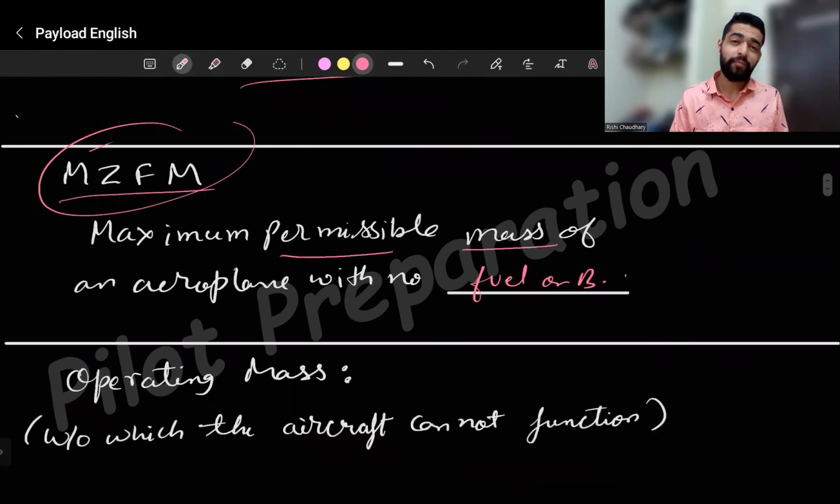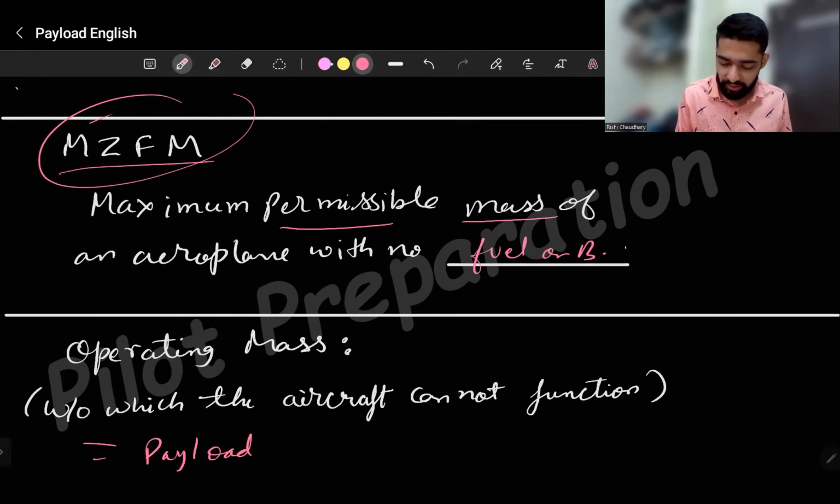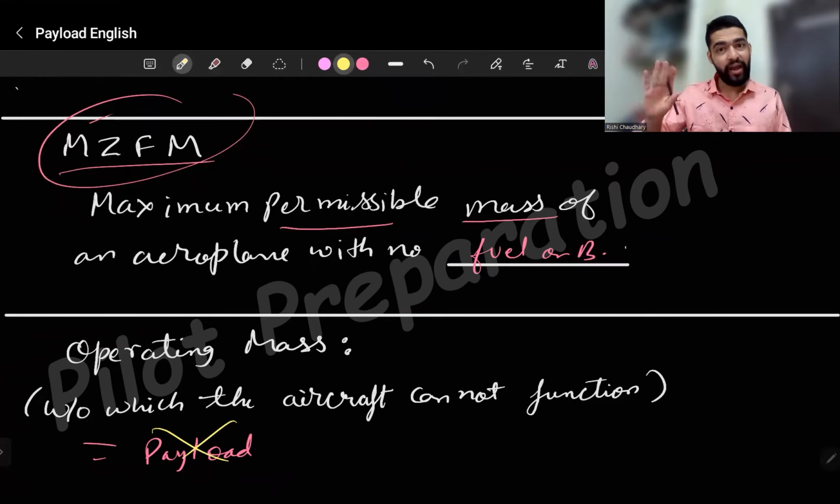Now, what is operating mass? As I talked about, the mass which is required to operate a plane, without which the plane cannot operate. Can we say that without payload, the aircraft can operate, without passengers, isn't it? It can fly without passengers, isn't it? So we cannot say that payload is very important operational mass. So what is operational mass? Fuel on board is my operational mass.